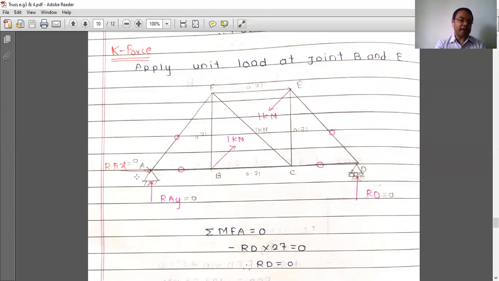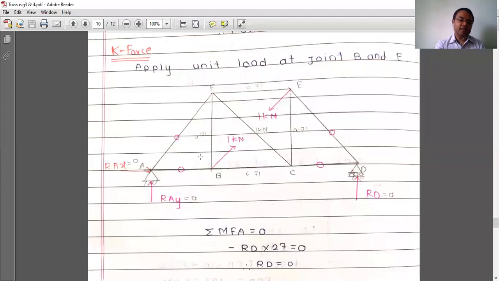RAY is 0, RAX is 0. So no external force is there. That means both members will carry zero force. Okay, so this one and this one will become zero. Again, this one and this one, that is CD and DE, AF and AB members come out to be zero.